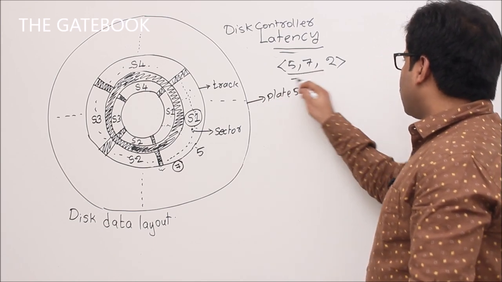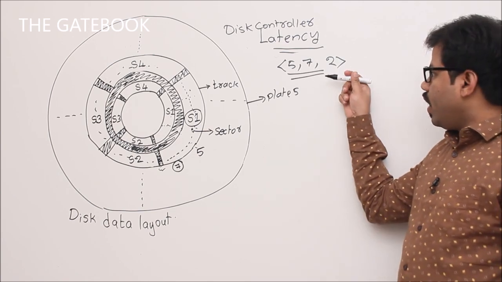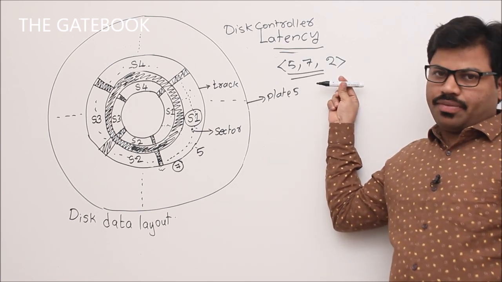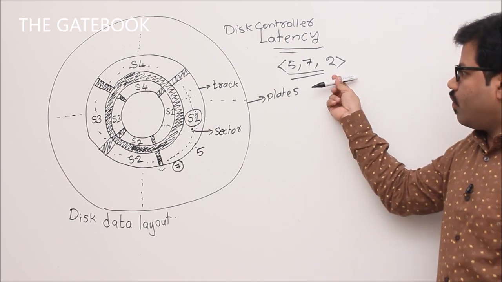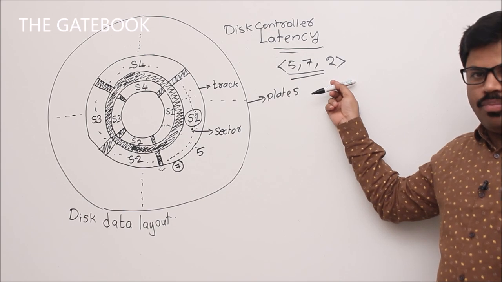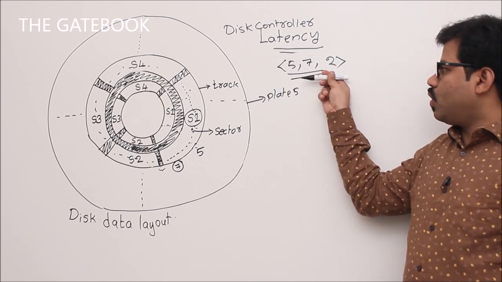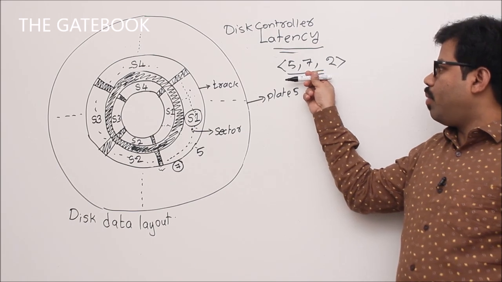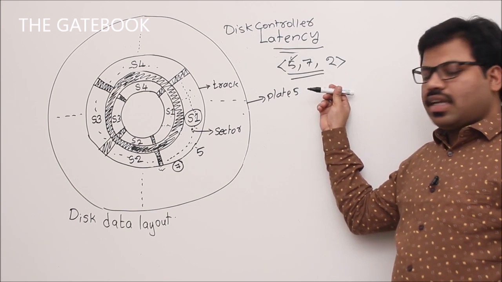Whenever this address comes, your disk controller will work in such a way that your IO head will be moved like this. How it happens is a separate story and not really required for us, but what happens is important. Your read write head will be slowly moved to the appropriate place, because we are already at the right plate, meaning the right head, because there are multiple heads.